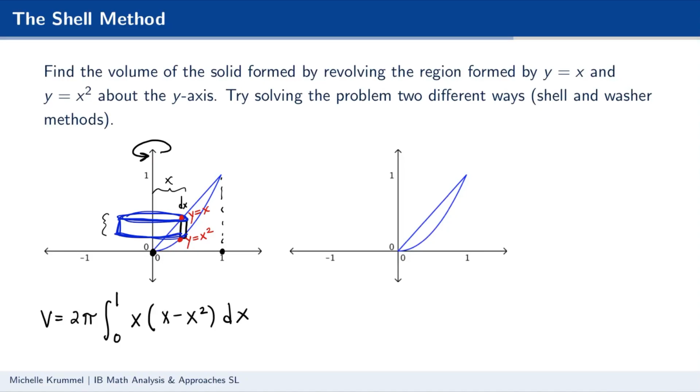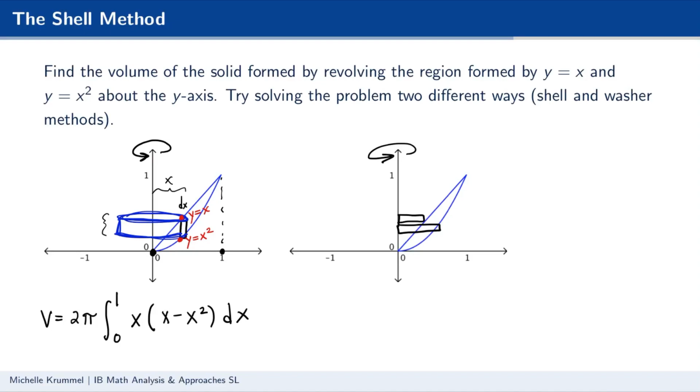Now, if we do this same problem using washer method, and I know it's going to be washer, not disk, because there is some empty space between my region and my axis of rotation. So I would need an outer radius, like so, and an inner radius.